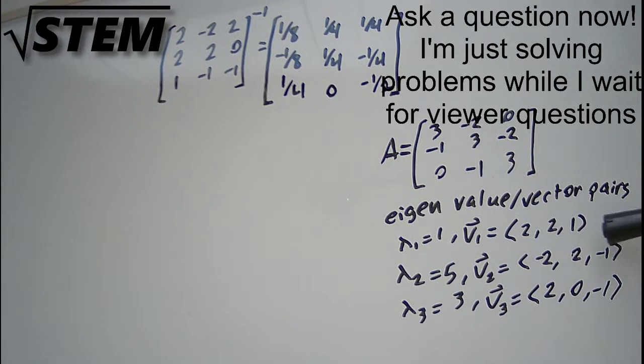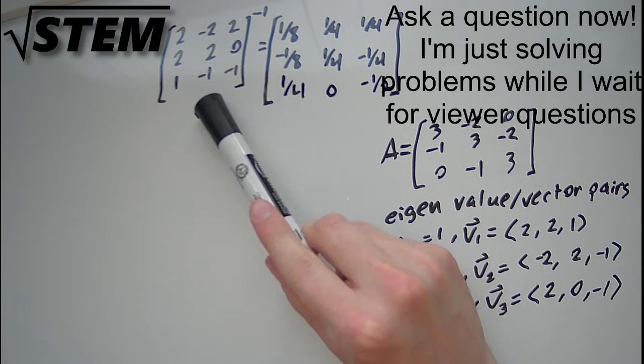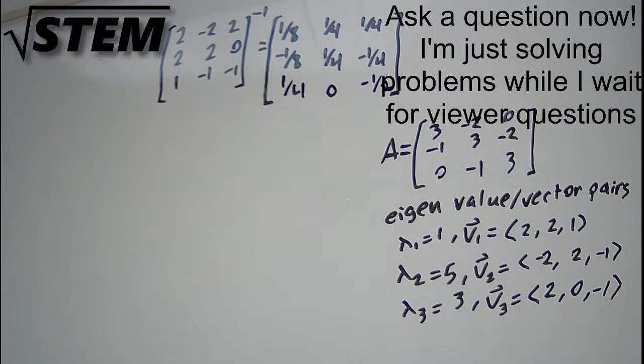We have the 3 eigenvalue and vector pairs for this matrix, and we have the inverse of some constant matrix. What it wants us to do is find e to the tA. And we could do this the hard way.